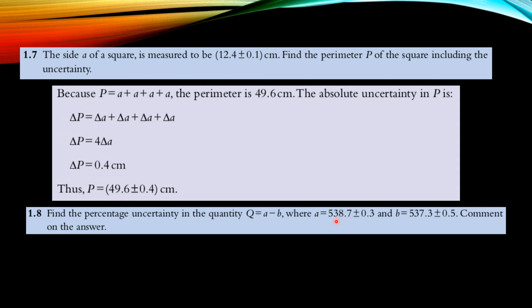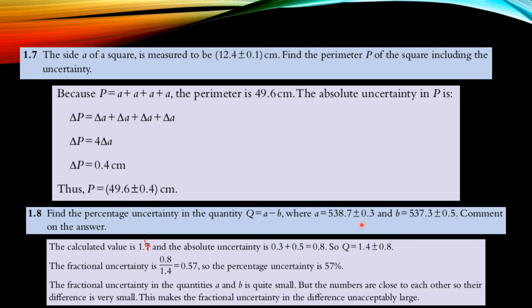But remember that the uncertainties only ever get bigger. So the absolute uncertainty in Q is going to be 0.3 plus 0.5. So the absolute uncertainty in Q is going to be 0.8 by comparison with this small number. And so the percentage uncertainty is going to get quite big.